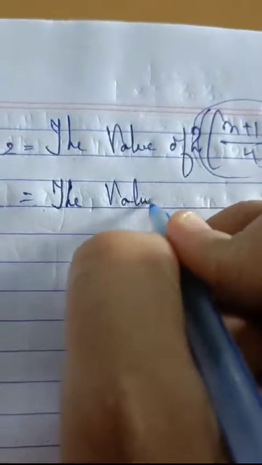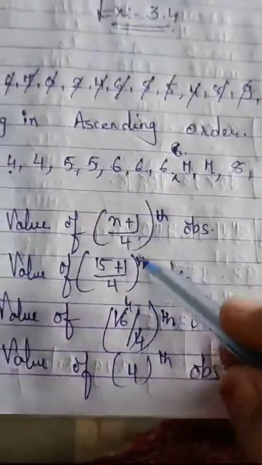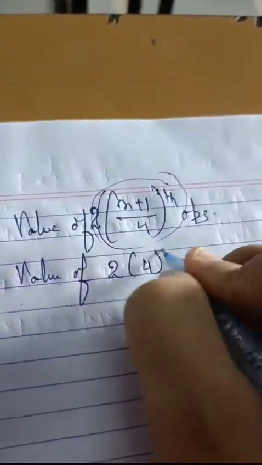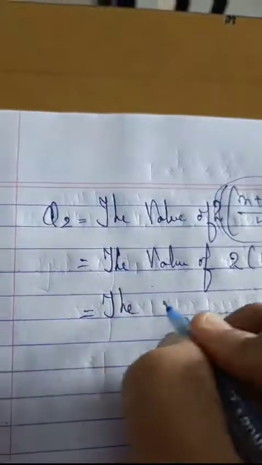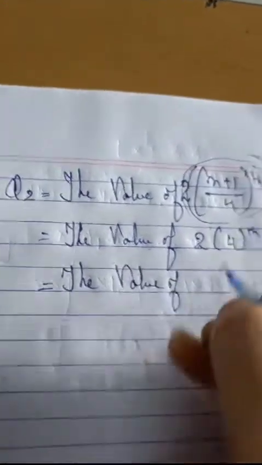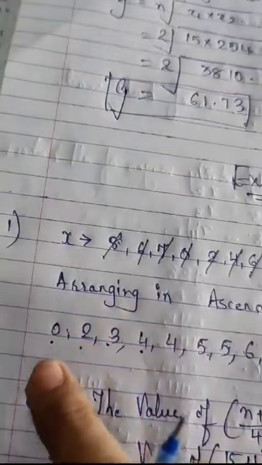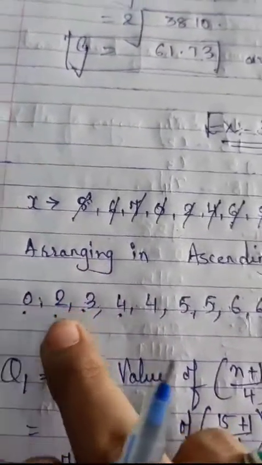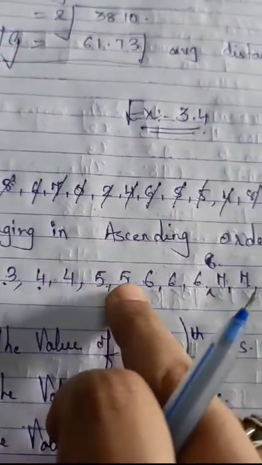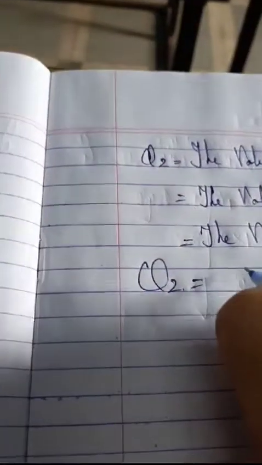The value was 4, so simply write 2 into 4th observation. 2 4s are 8, so we see the 8th place. Counting 1, 2, 3, 4, 5, 6, 7, 8, it is 6.